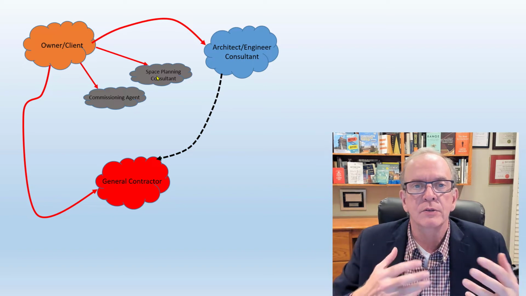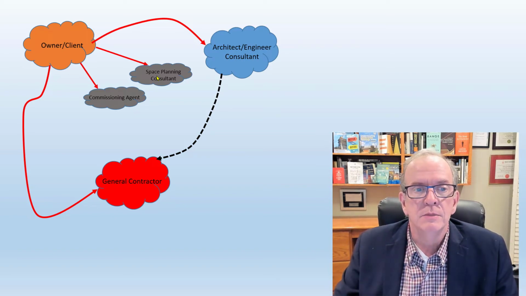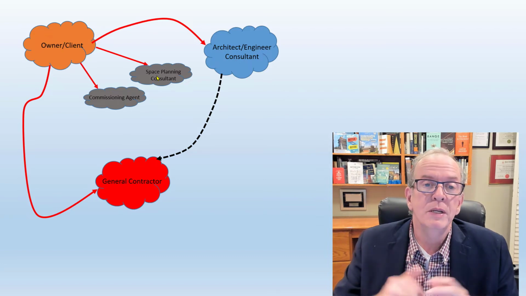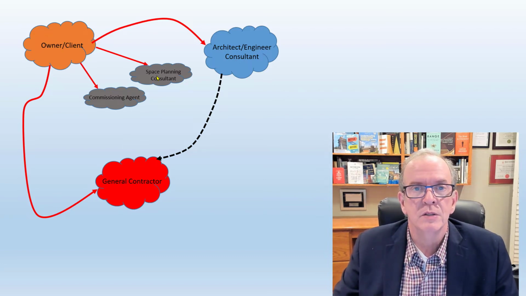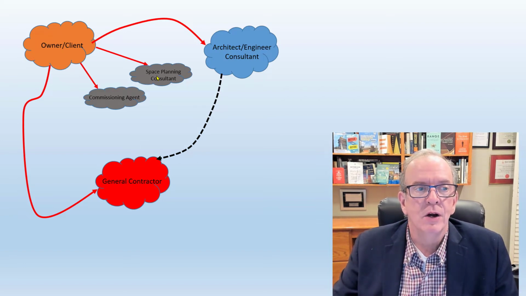And there would be a lot of consultation between the end users and the space planning consultant to arrive at that data, which later on would be provided to the architectural consultant. It could also be done through the architectural consultant as well, depending on what their capabilities and capacities are.